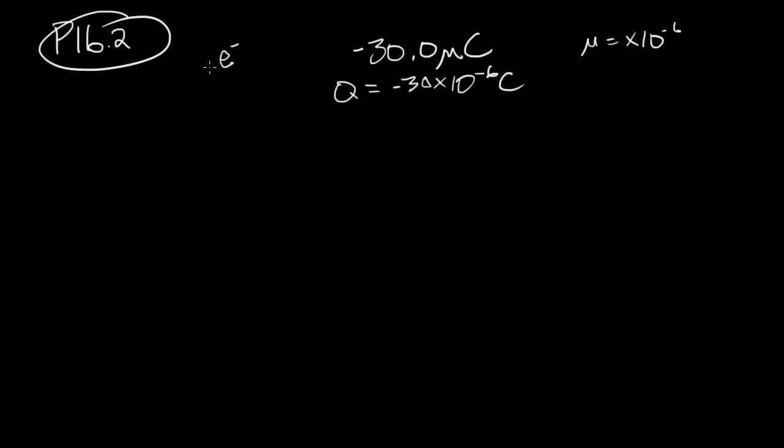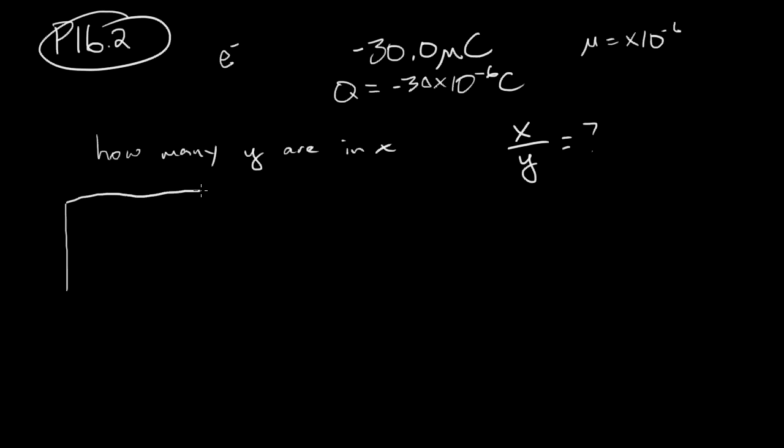And we want to know how many of these are in there. Well, remember that if you ever see how many Y are in X, the way you write that is X divided by Y equals what? And that what is what you're looking for. So in this case we have this huge charge, and I like to draw rectangles, so sue me.